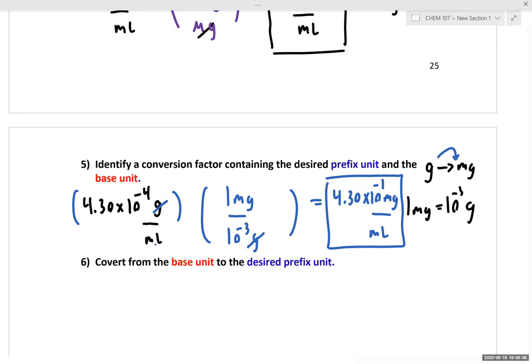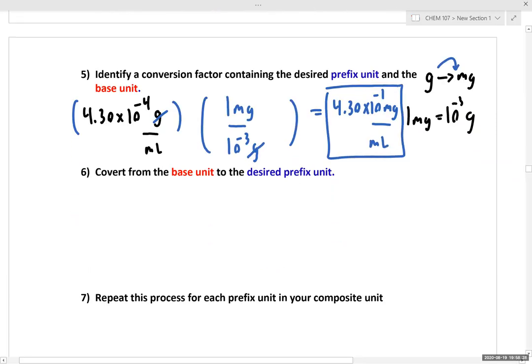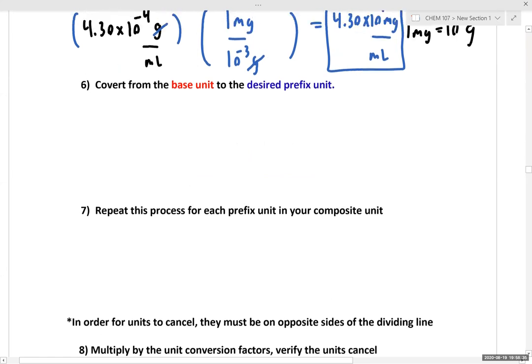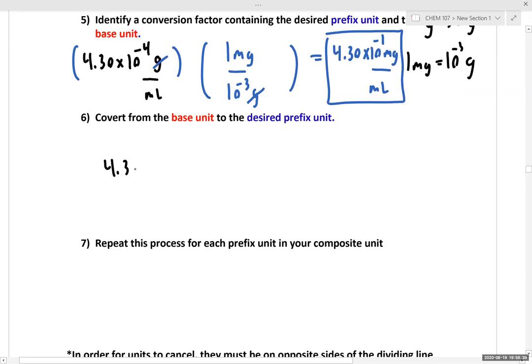Does this first step make sense? This first step we've actually done a few times today and in the past lecture. Does this make sense so far? Perfect. So we've converted our first prefix unit. Now we're left with 4.30 times 10 to the negative 1st milligrams per milliliter.